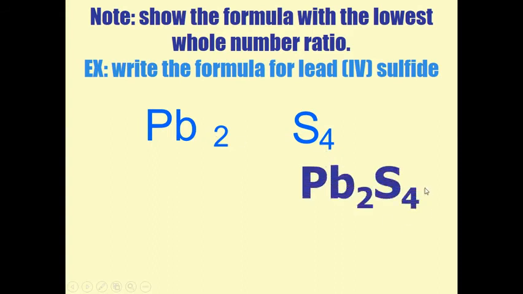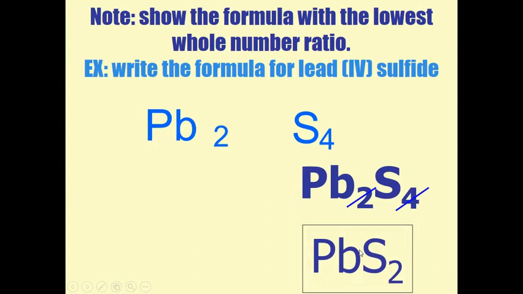However, that is not the lowest whole number ratio, so we need to reduce that. There we go. Now, if you were to balance your charges like this, you would say, well, Pb's got a 4+, sulfur's got a 2-, so we're going to need 2 of those. Now we're balanced, and we get the same formula.